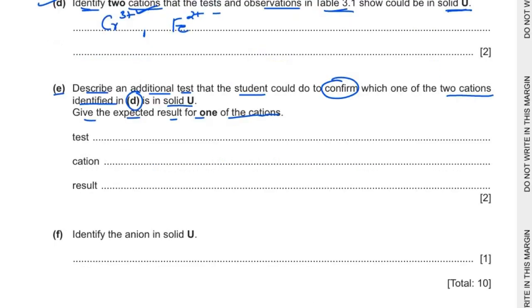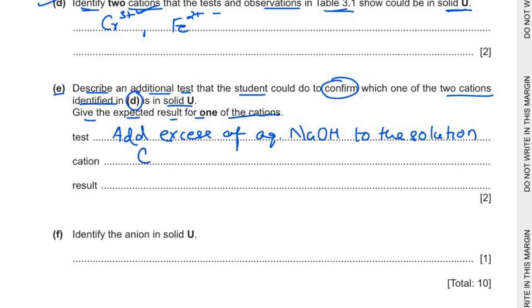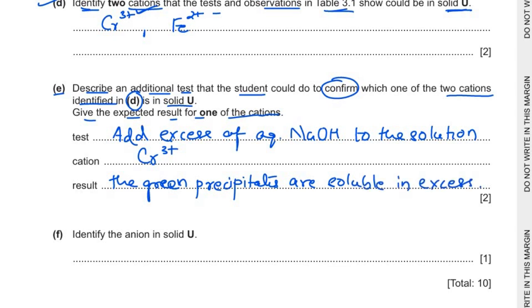So let's write that here, that add excess of aqueous sodium hydroxide to the solution, and the cation is Cr3+, and the result is the green precipitates are soluble in excess, or we can even write dissolves in excess.